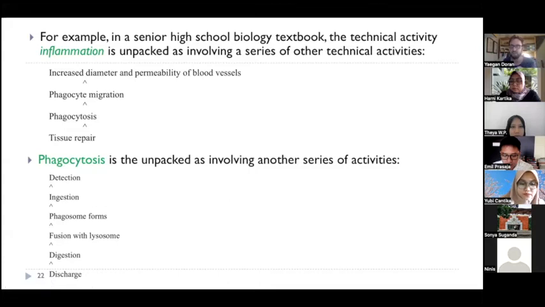Again, don't worry if you don't understand what they mean. The important thing for us is, one of the ways we can understand technicality is when it's an event, what are the different events within it? What are the different events that make up this technical event? What are the series of activities?